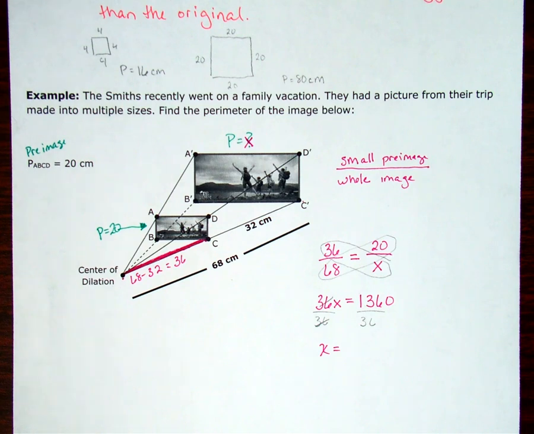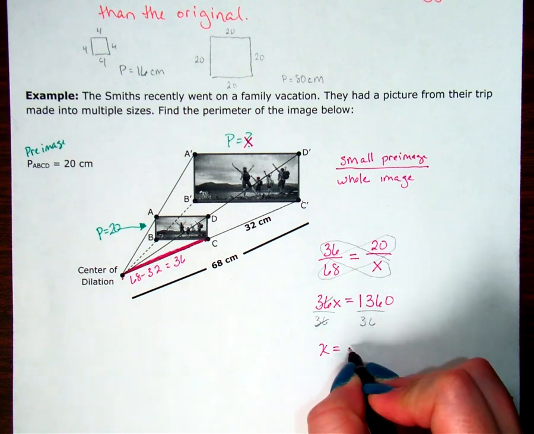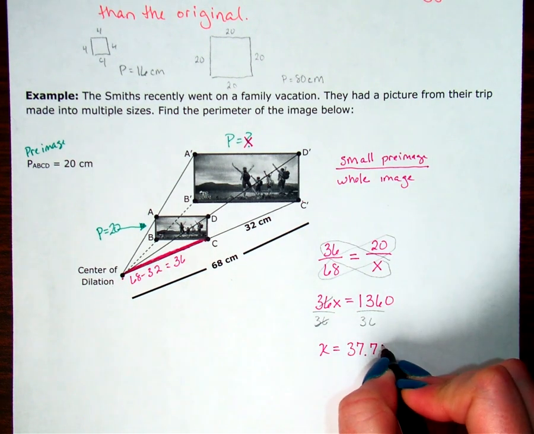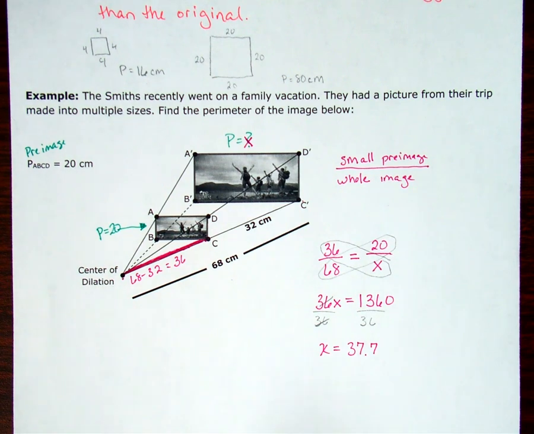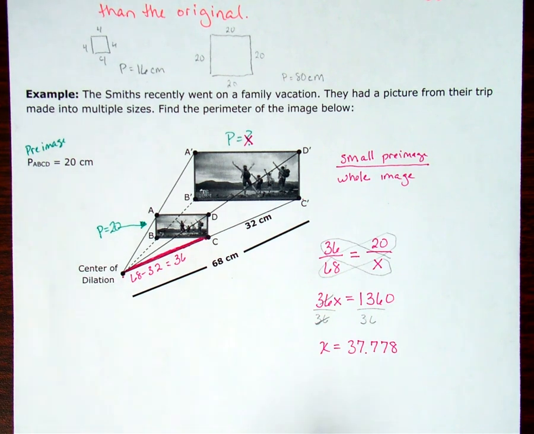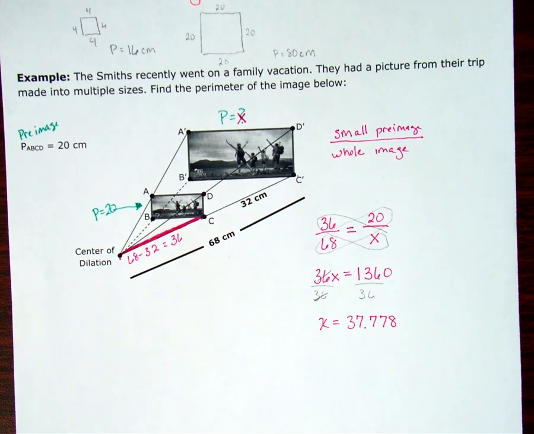Now, it came out to a decimal, so I'm going to round to 3 places, 37.778. So there is my x value.